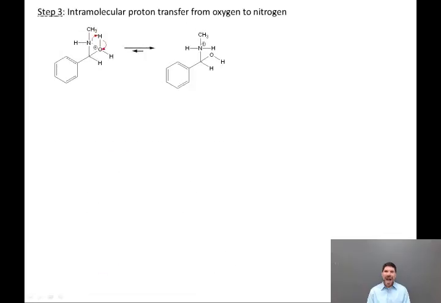Step 3 now, I like to say, is an intramolecular proton transfer from oxygen to nitrogen. Okay, so you have a neutral amine in this intermediate, and in neutral amines, the nitrogen is moderately basic. You have a protonated oxygen, which is a strong acid.